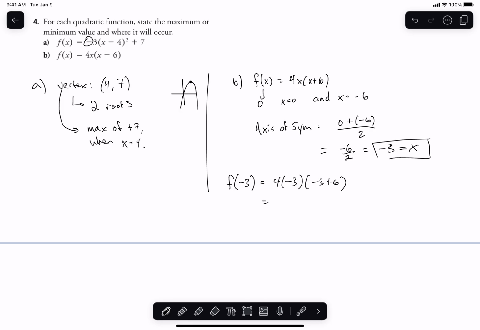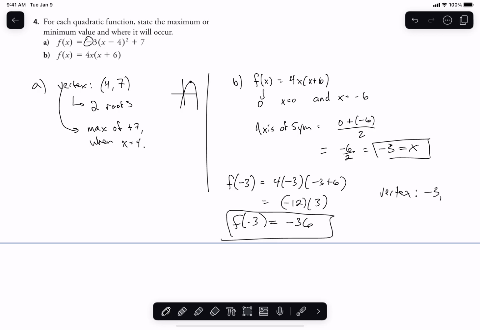We get negative 12 times positive 3, which is going to be equal to negative 36. That's the evaluation, so that's our vertex. Our vertex is going to be (negative 3, negative 36).